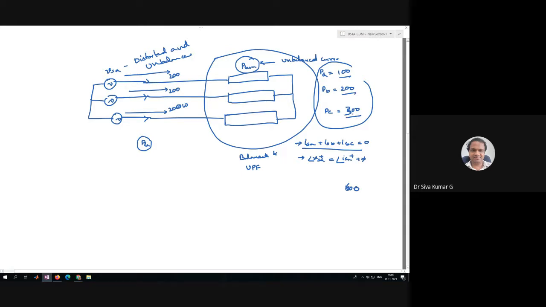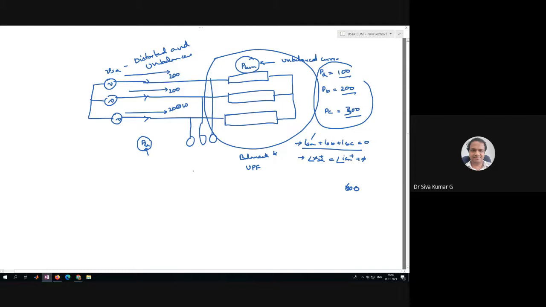Now when you make these balanced currents, we can redistribute the power, and only the source itself has to drive the load average power. We should not drive any real power from the compensator.